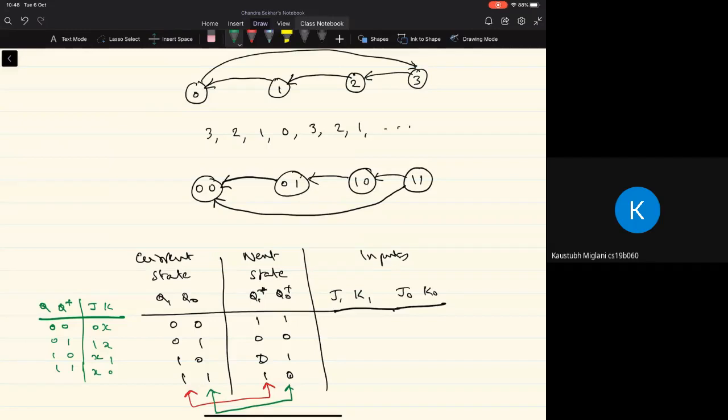Okay, so let's look at what transition is happening in this state of the particular flip-flop, and then accordingly specify the J and K inputs. Anyway, I'll give these values here. You can verify that.